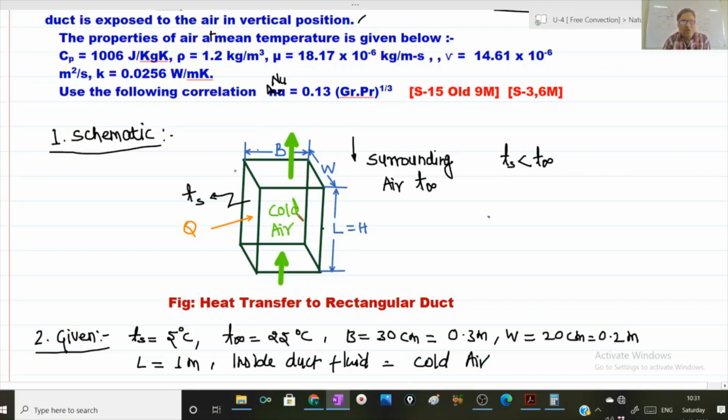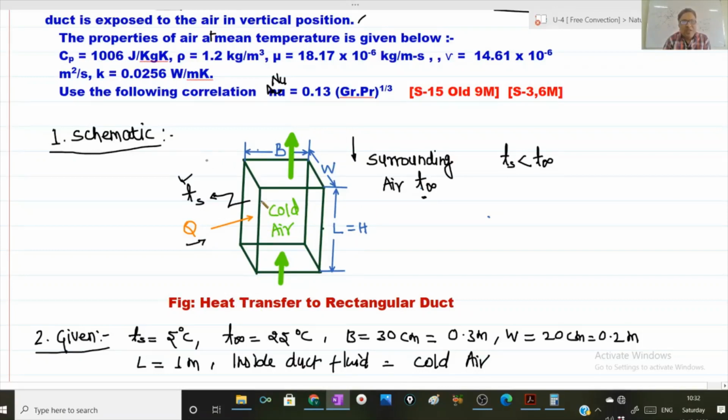So because of the cold air, the duct surface will also become cold. And let's say the duct surface temperature is Ts. This duct is exposed to the surrounding air at temperature T infinity. Since Ts is less than T infinity, by virtue of temperature difference, heat transfer will take place from the surrounding air to the duct surface.